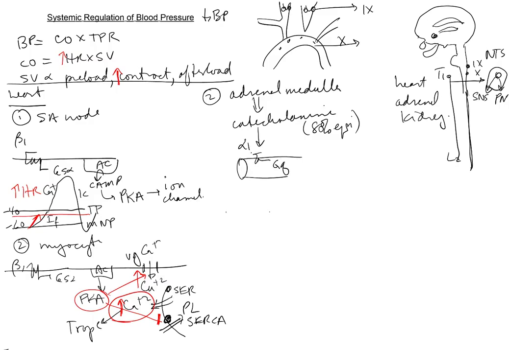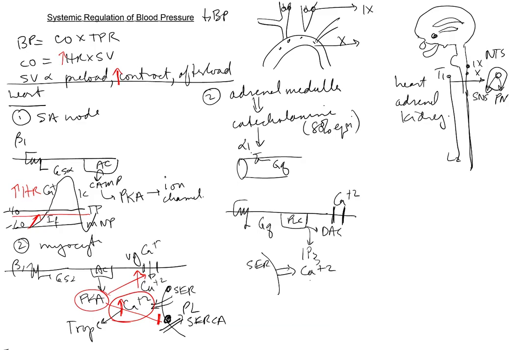The GQ receptor is still a G-coupled receptor, but now GQ goes through our phospholipase C, and it increases a DAG, and it produces an IP3. DAG is going to increase the calcium from the voltage-gated calcium channel. IP3 is going to stimulate the smooth endoplasmic reticulum to release calcium.